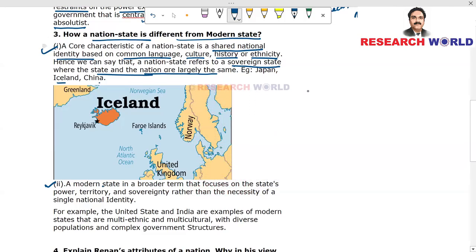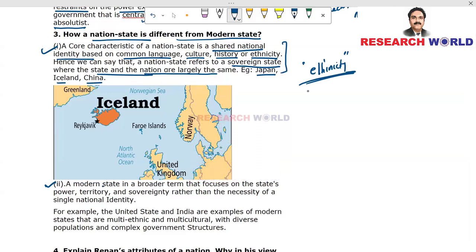So let's see what this exactly means. Consider Japan and China, two familiar examples. If you look at these two countries, you will notice that the people have the same ethnicity. That means Chinese people are not very diverse. They come from the same ethnic background. So it is in Japan.